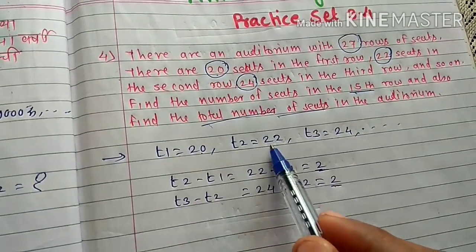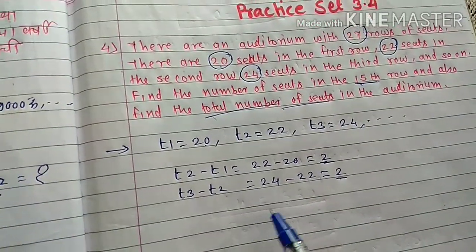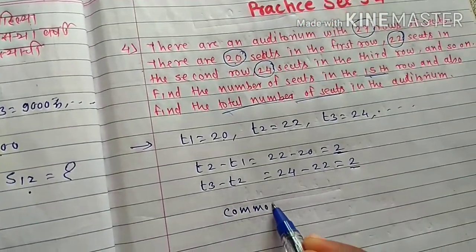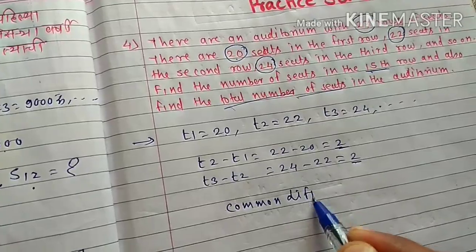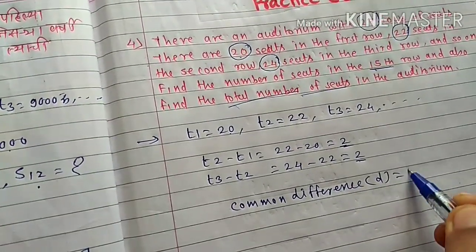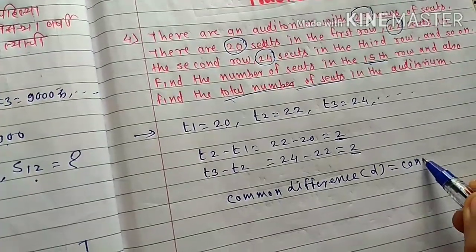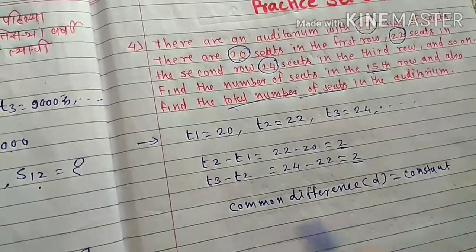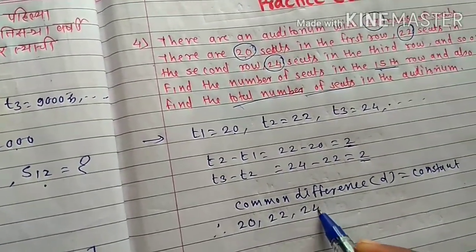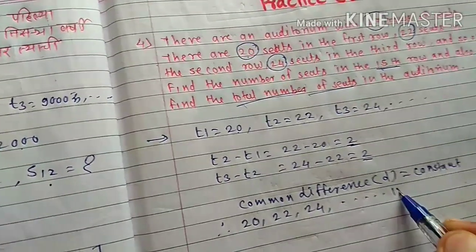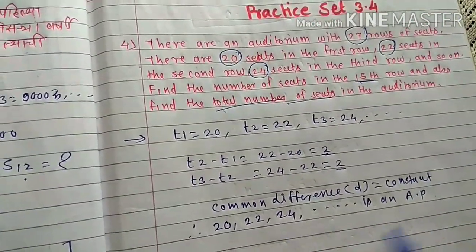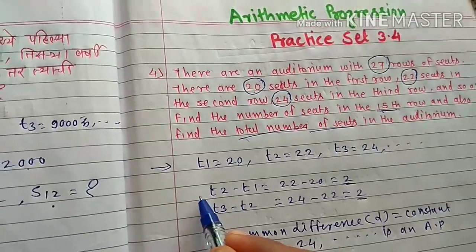Therefore, 20, 22, 24 is an AP. So this is d.